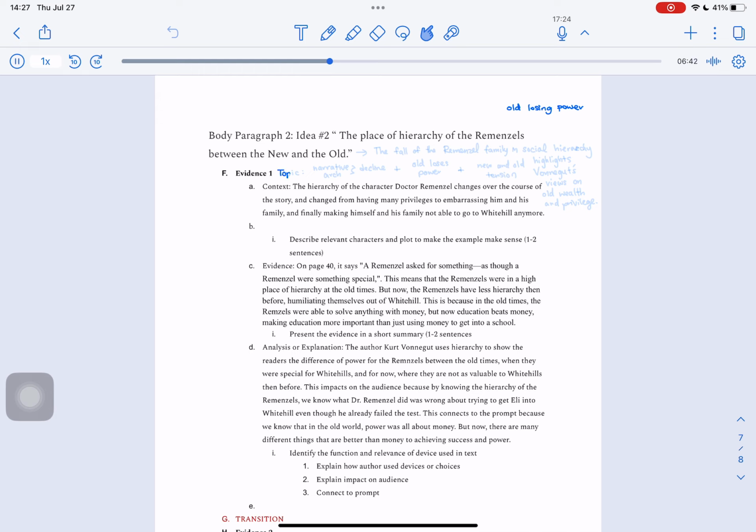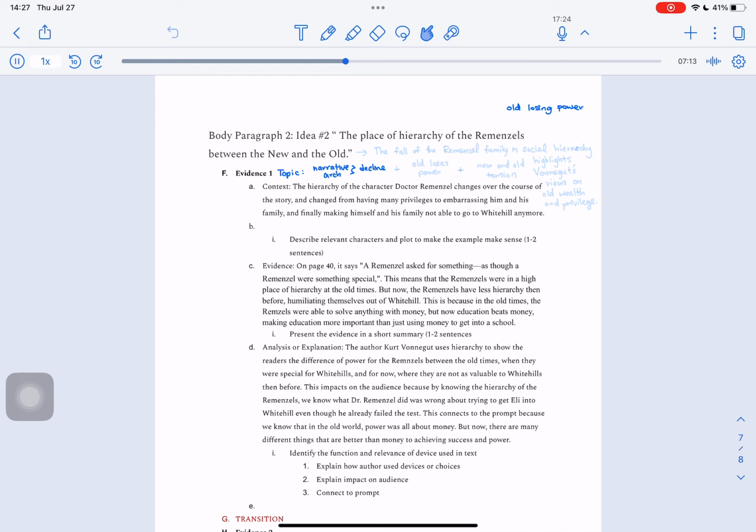Okay, so what is the device? The narrative arc, like the progression across the story. In this case, narrative arc means like the decline over the story. Their family loses power due to the plot points, right? Narrative arc is another word for plot points.